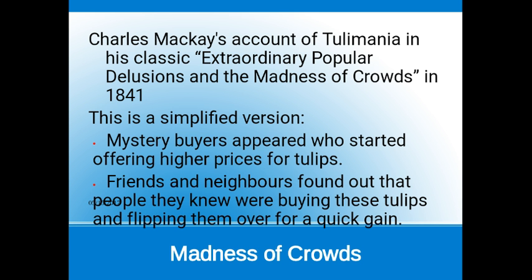but this is a simplified version, which I've heard other people put on YouTube and on some radio shows and television shows that talked about it in this briefer manner. So what basically happened is mystery buyers appeared who started offering higher prices for tulips. Friends and neighbors found out that people they knew were buying these tulips and flipping them over for quick gain.